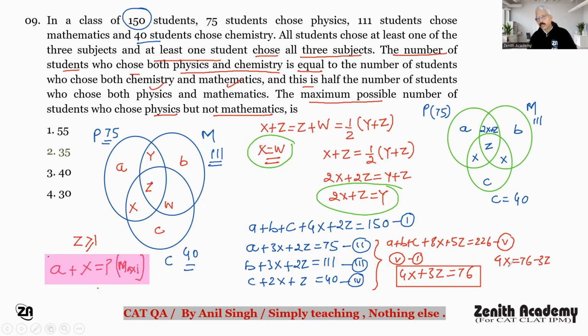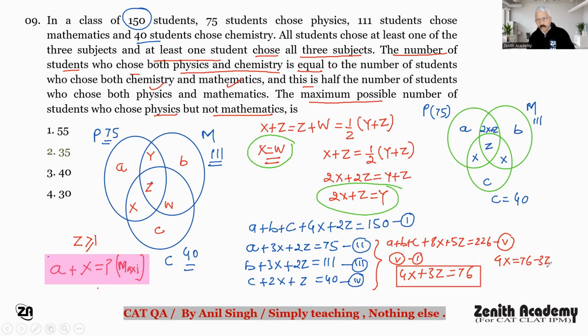So left hand side, 4 into x, is a multiple of 4. This 76 is a multiple of 4. So the value of z must be 1 or greater than 1, right? But at the same time, it should be a multiple of 4. So for this, minimum it should be 4.